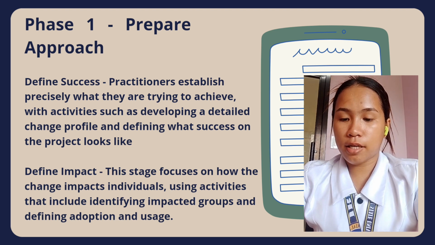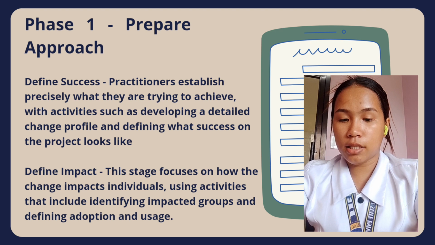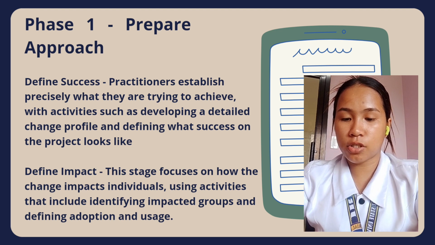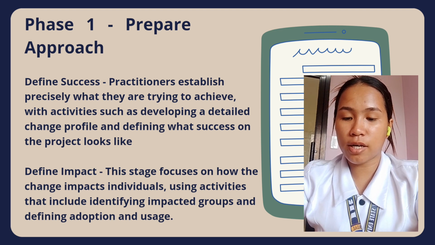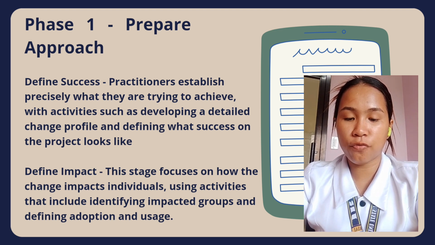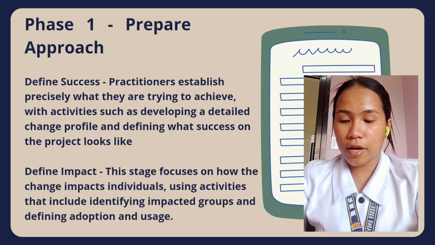So in phase 1, which is the prepare approach, the stages include define success, where practitioners establish precisely what they are trying to achieve, with activities such as developing a detailed change profile and defining what success on the project looks like. Define impact.